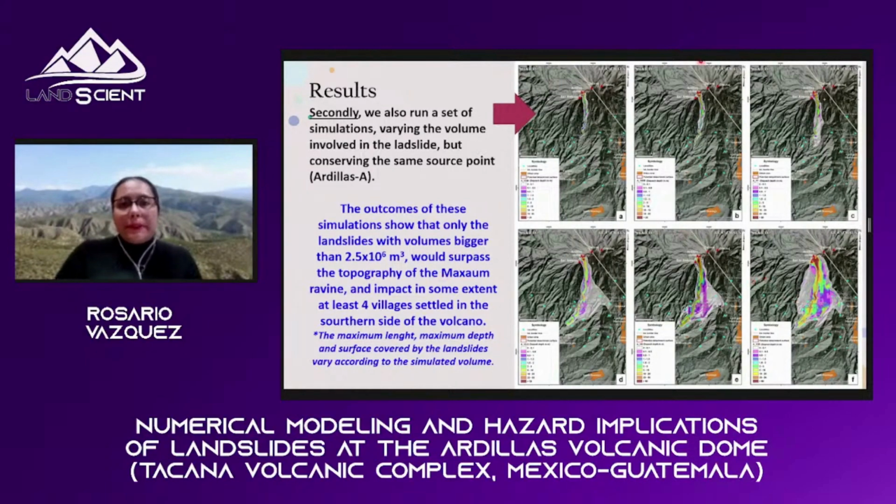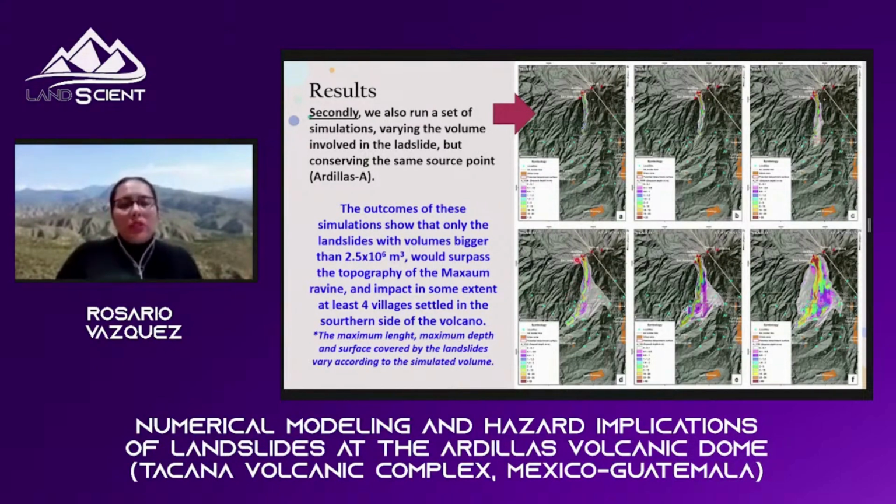But if we only observe the first three maps, one of the main outcomes that we can observe is that the biggest part of the landslide is still delimited to the topography of the Maxam ravine.